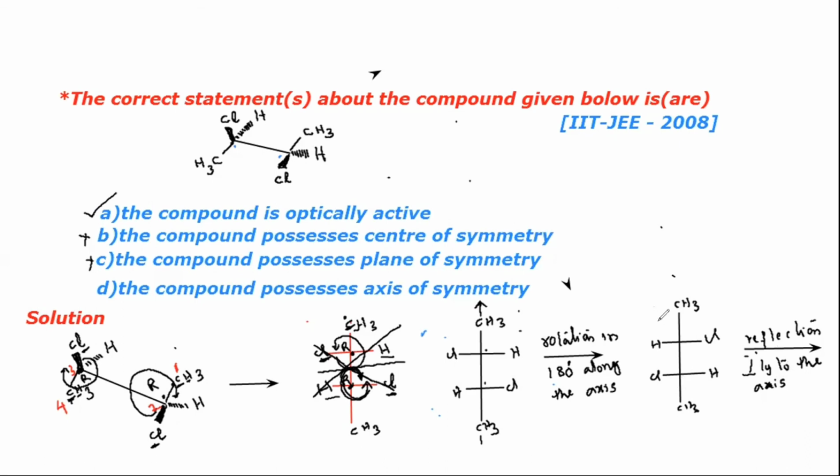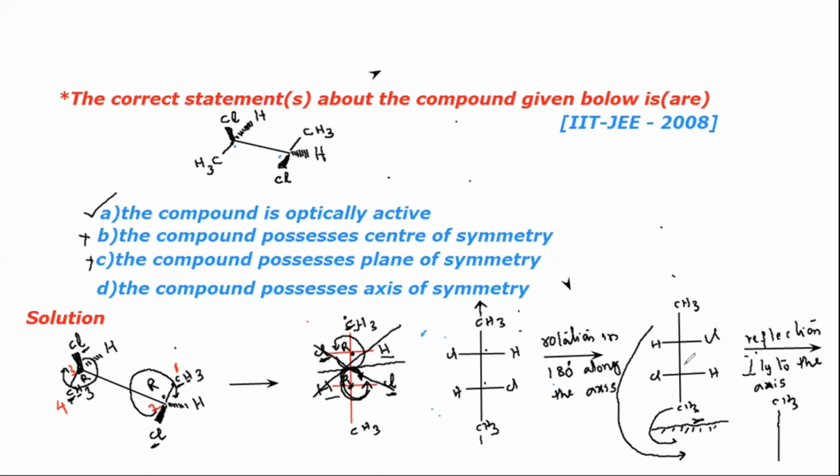On reflection, if you put a mirror here, it appears here. That means top becomes bottom, bottom becomes top. So from the bottom, you have to write the configuration. This group is at the top.